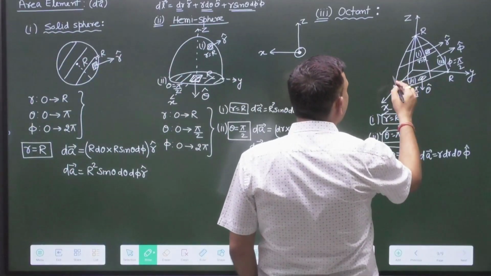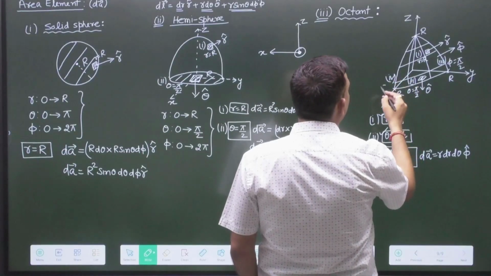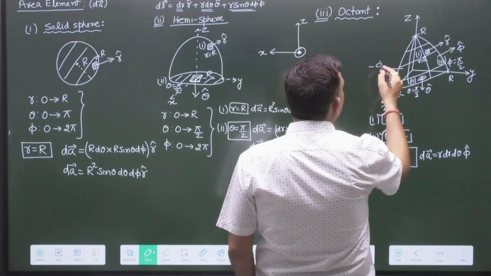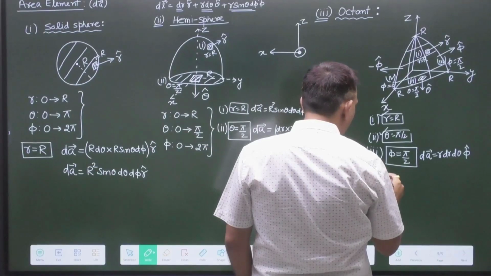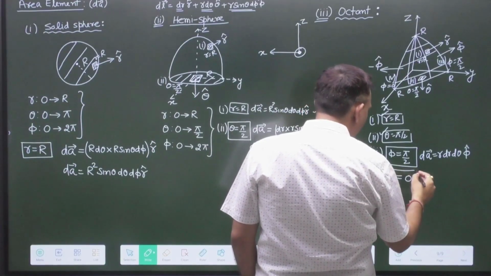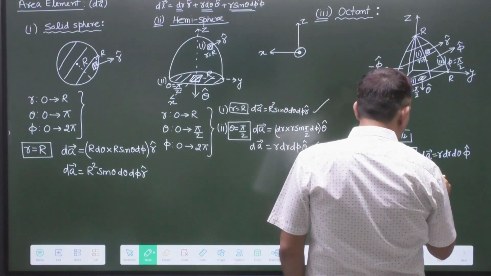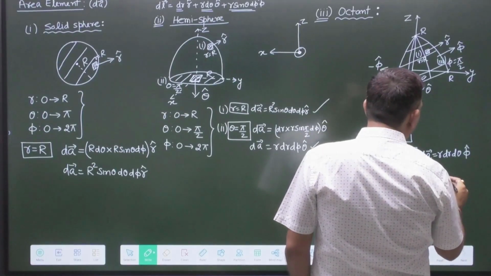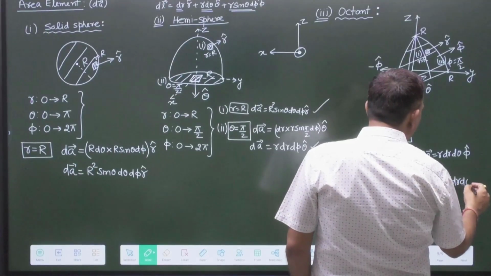Now the fourth surface, phi is equal to 0, and this direction is minus phi cap. So dA is minus r dr d theta.